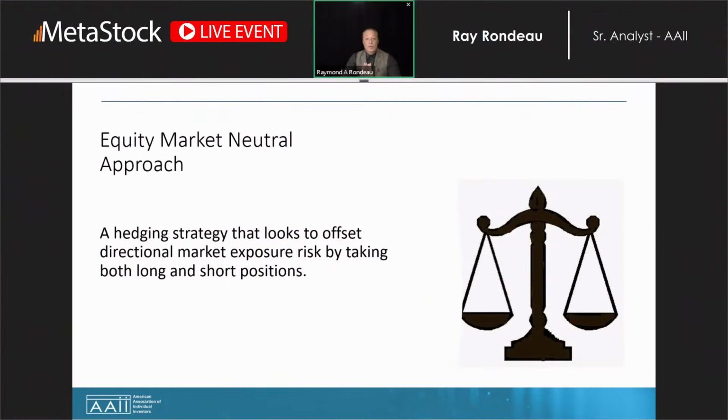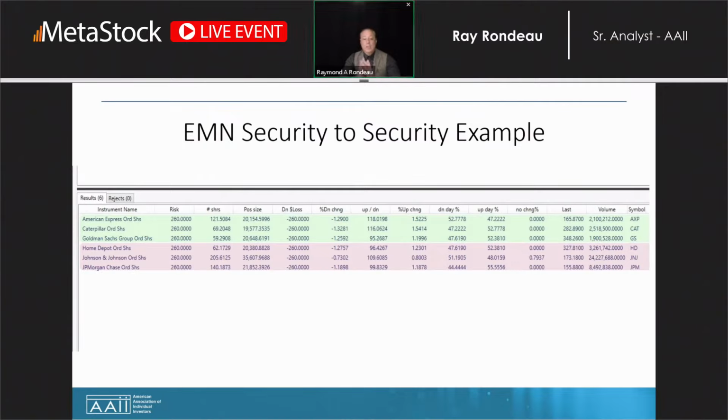Equity market neutral. EMN is a hedging strategy that looks to offset directional market exposure risk by taking both long and short positions, with the position sizes adjusted for volatility. To see what an example of an equity market neutral approach might look like in ProV, to keep things simple on this screen, we only have 6 securities.